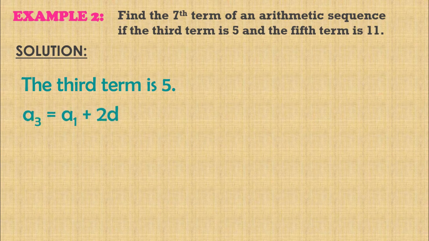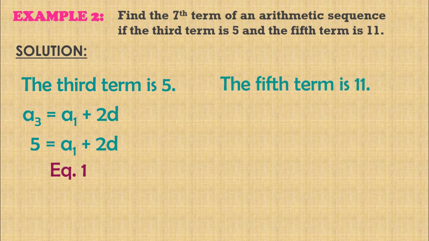And we can use the formula a sub 3 equals a sub 1 plus 2d. Now by substitution, replace a sub 3 by 5, we have 5 equals a sub 1 plus 2d. Since the third term is 5, meaning a sub 3 is 5, replace a sub 3 here by 5. Now let's call this equation 1.